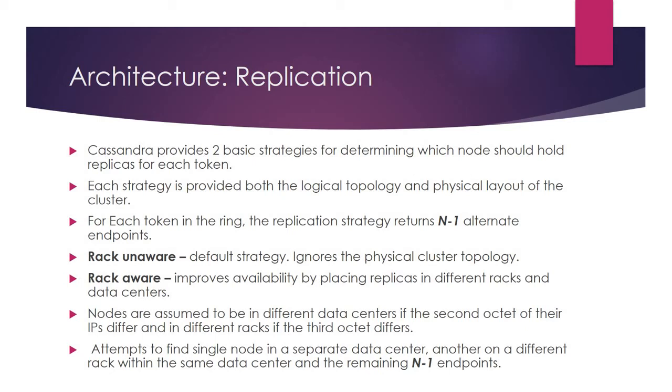So Cassandra's storage engine implements what we earlier saw as an MD5 keyed distributed hash table. Basically, it evenly distributes data across the cluster.